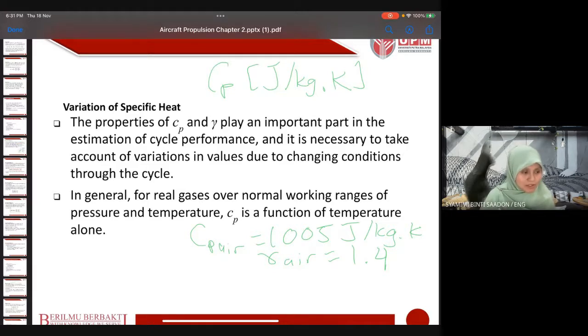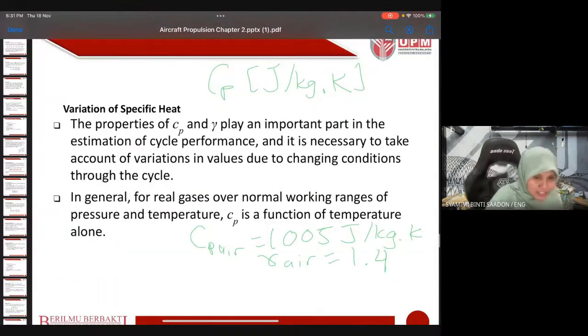If you look at some articles regarding the gas turbine cycle or aircraft engine cycle, sometimes they use some correlation for this C_P depending on temperature. But usually in our calculation, we have a fixed number, 1005 or 1200, which will be given.